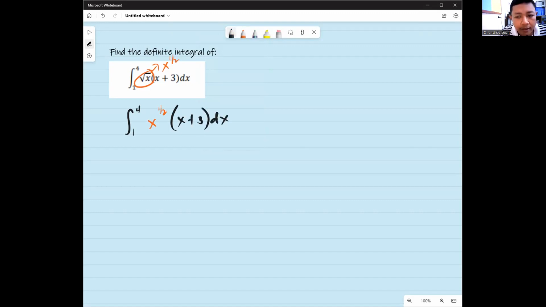And then let us distribute this. So we will have x raised to 1/2 plus 1. 1 can just be changed to 2/2, so 3/2. So x raised to 3/2.